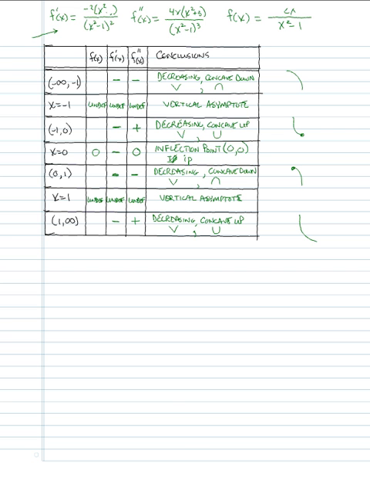Okay, let's put these together for a graph now. So let's draw the coordinate axes. Okay, now let's look at our sign table. A couple of things in addition to our sign table: we knew that we had an x-intercept and a y-intercept at the origin, so that's a point on the graph. We also recall from early on that we had a vertical asymptote at x equals -1, so let's draw that in here.